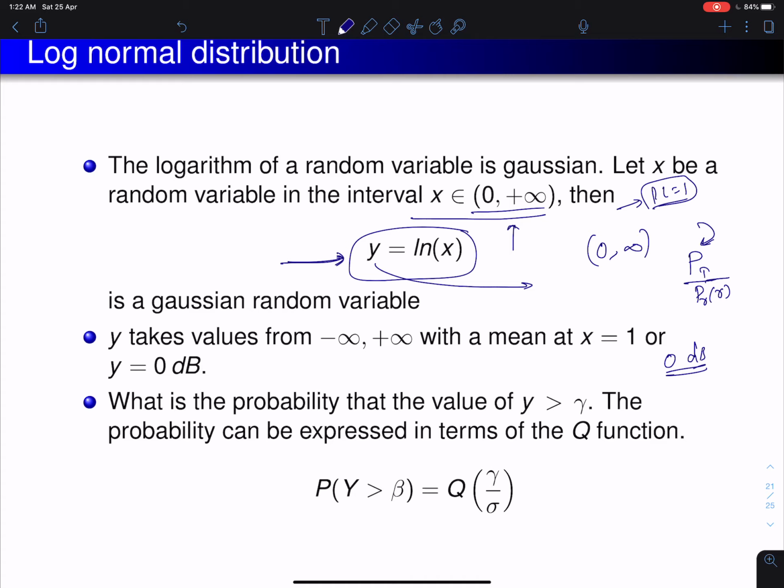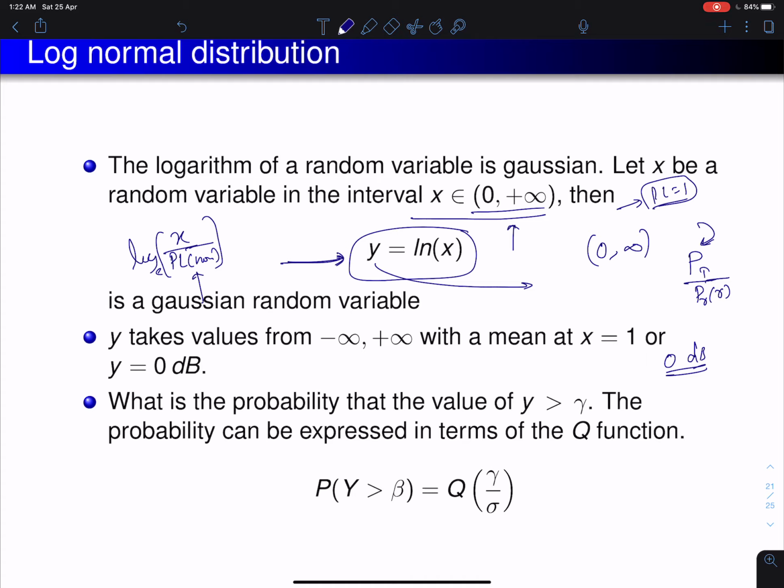For example, what I mean by that is, I can divide x by some PL nominal path loss, and then take log of this, log to base e. Then in that case, the mean is going to be 0 dB, but there the 0 dB, we are comparing it with some nominal path loss.